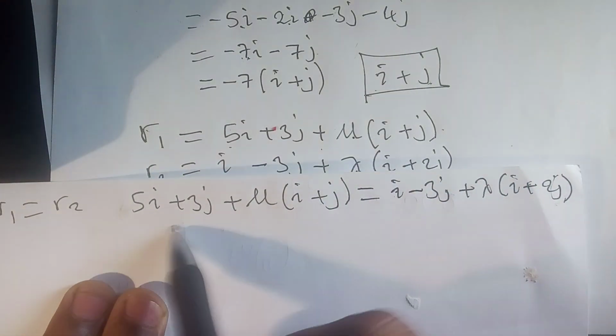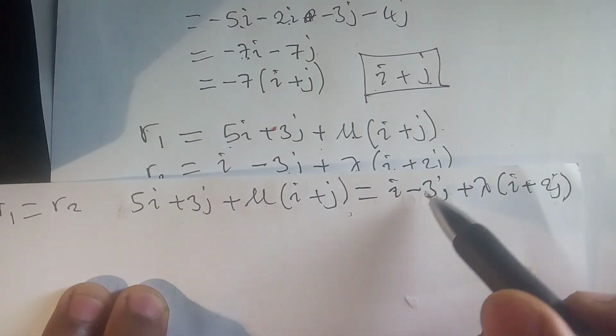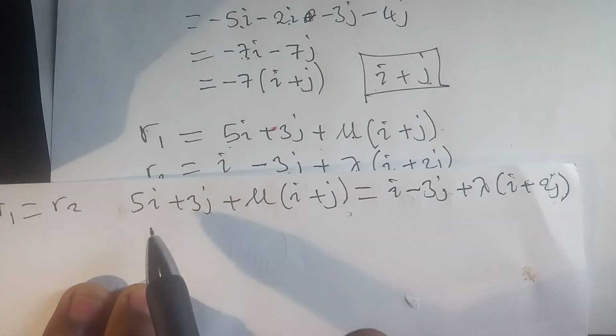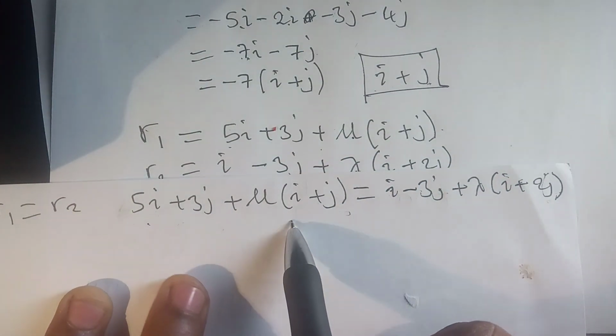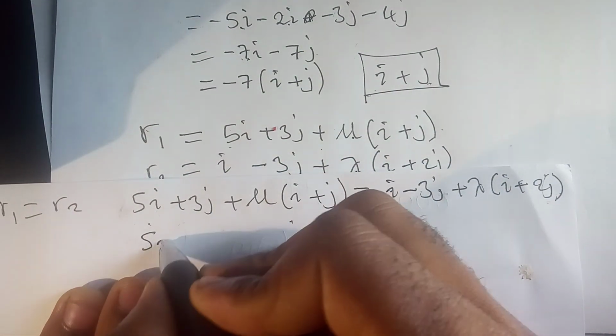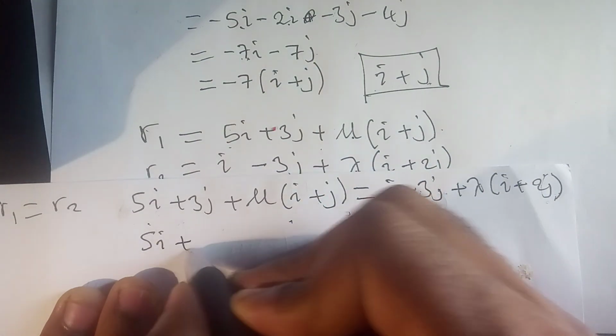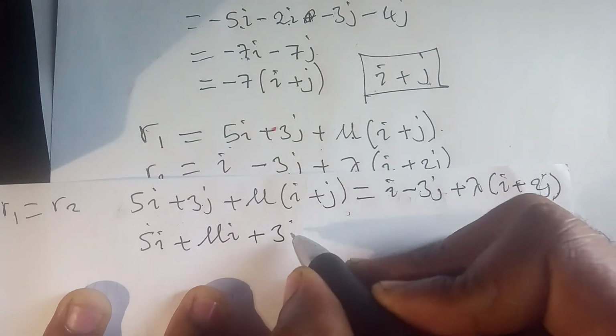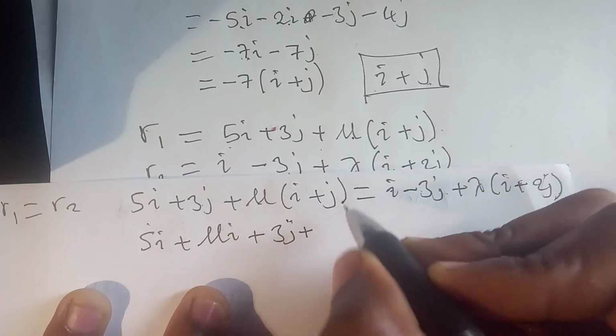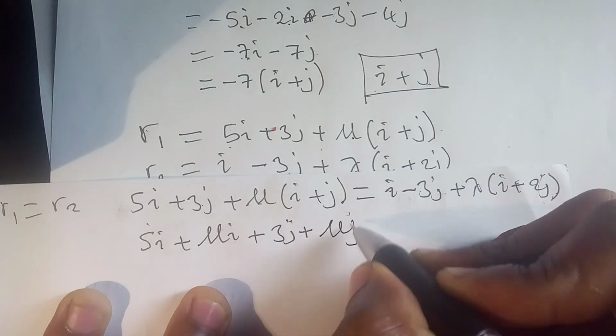So I can just rearrange the left hand side and the right hand side in such a way that I have the I components this side and the j components this side. So we have 5i, we expand that, we have mu I plus 3j, we expand this will be mu j.